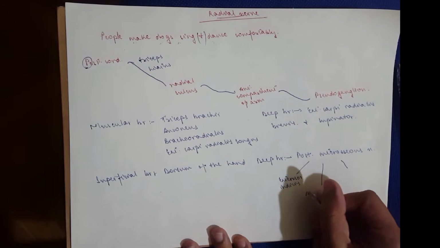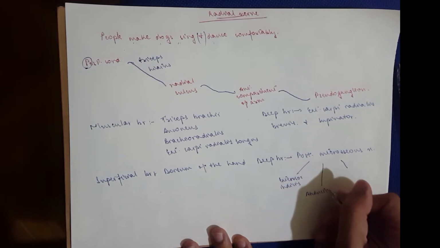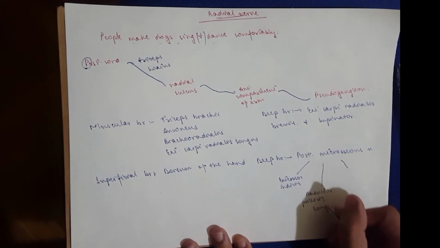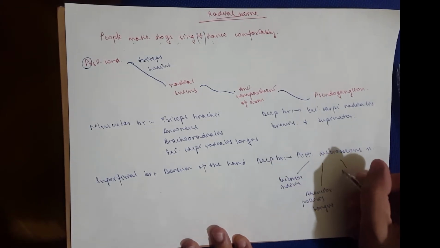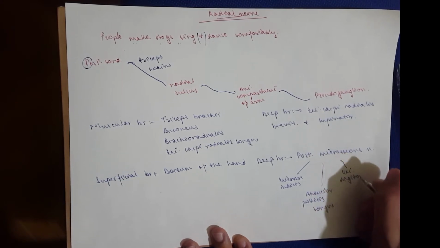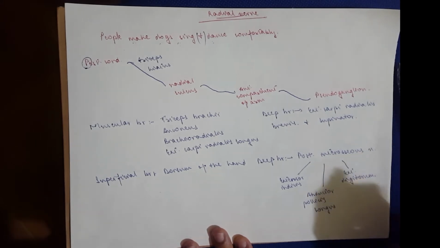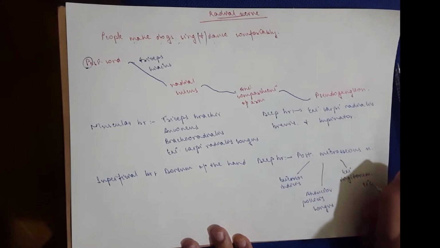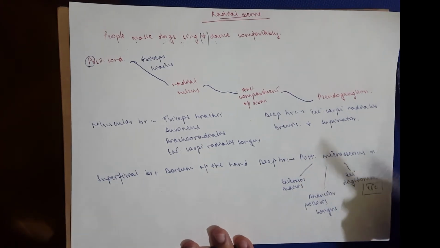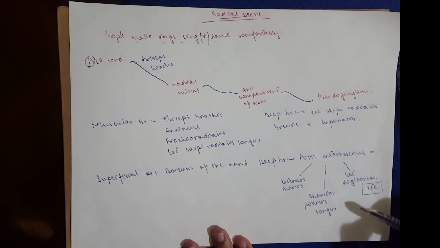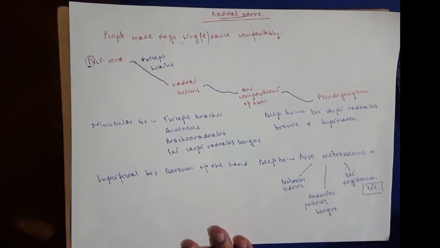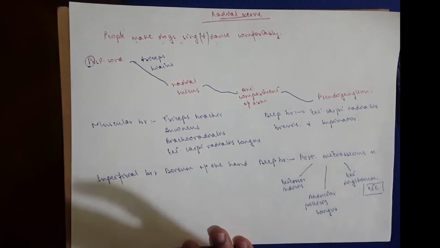You've got the abductor pollicis longus, you've got the extensor pollicis longus, you've got the extensor digitorum, you've got the extensor digiti minimi, you've got the extensor carpi ulnaris, the extensor pollicis brevis, etc. All of the extensors.